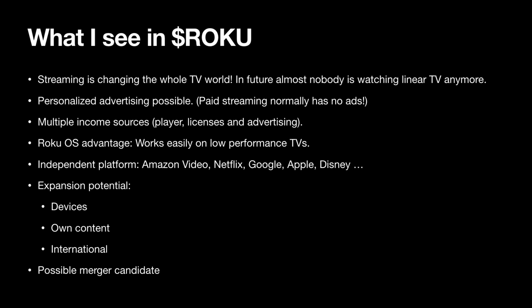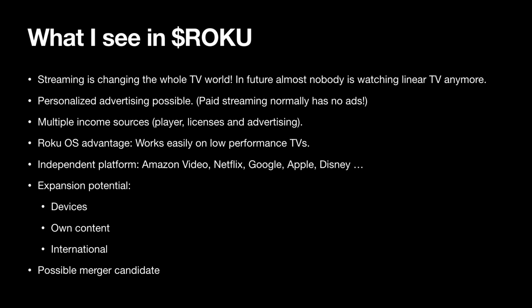And Roku is built that way so that it also runs on low performance TVs. That means on no-name TVs or on TVs with less interesting brands, for example, and also on all these cheaper TVs. And that gives Roku a big advantage because they can cooperate with a lot of TV manufacturers. And that is maybe also an advantage from the Roku platform side.